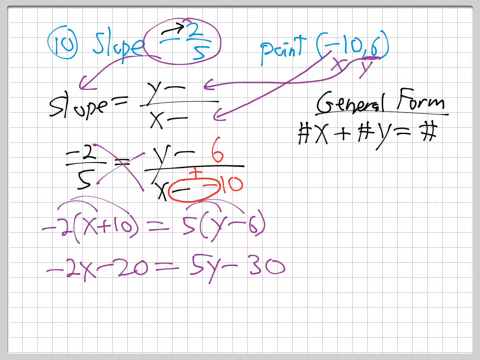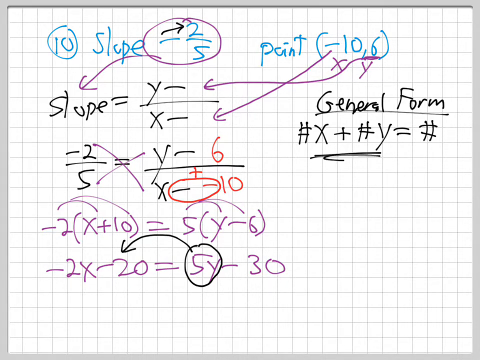Okay, so what does that mean then? Well, that means I got to jump things around. Now, remember when something jumps over the equal sign, like the old nursery rhyme when the cow jumps over the moon? When something jumps over the equal sign, it switches its sign. So I want to grab this 5y and have him jump this way, because I need the x's and the y's on the left, don't I?